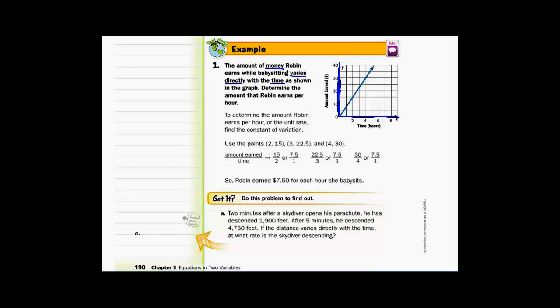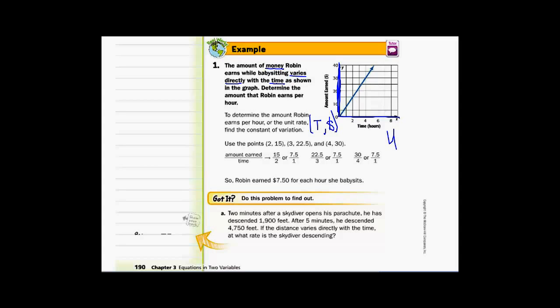So money varied directly with time. So money was y and your time was like your x. That's where they got these points to begin with. That's where 2, 15 came from. So money varies directly with time.